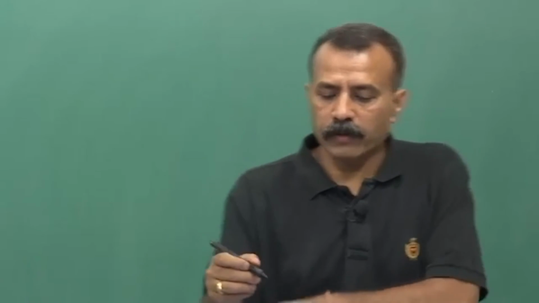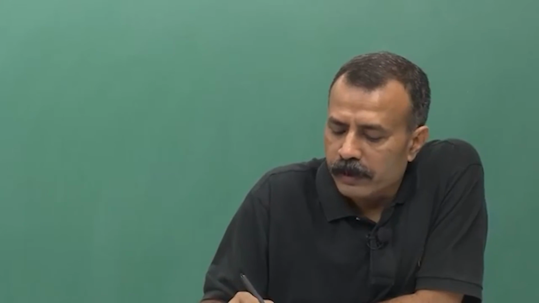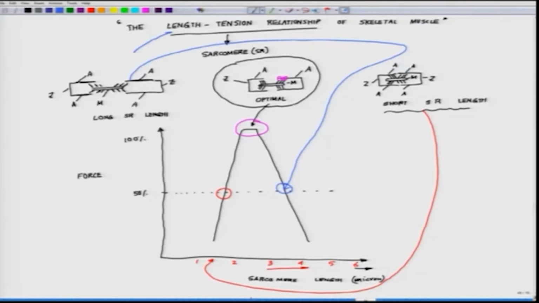So, this optimal length of sarcomere and the force generation brings us to the concept of, in brief, the concept of length tension relationship of the muscle, and it is extremely important that you understand this particular part, that this sarcomere length is a function of the force, how it works.